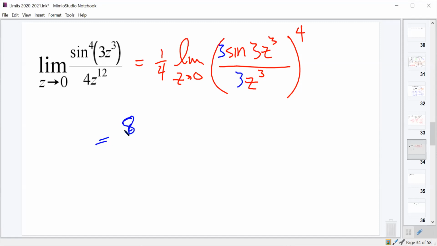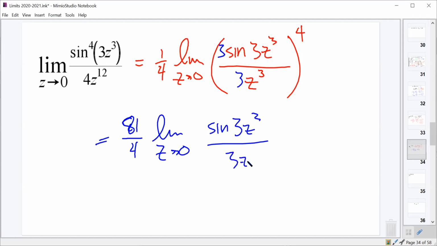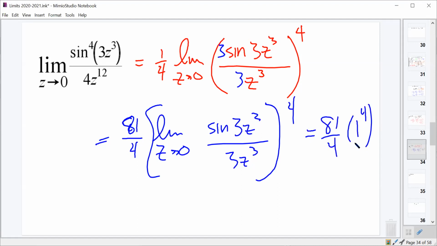So this becomes 81 over 4 times the limit as z approaches 0 of sine of 3z cubed over 3z cubed. And that whole limit can be raised to the 4th power, which gives us 81/4 times 1 to the 4th, or 81 over 4. Good. Any questions on that?